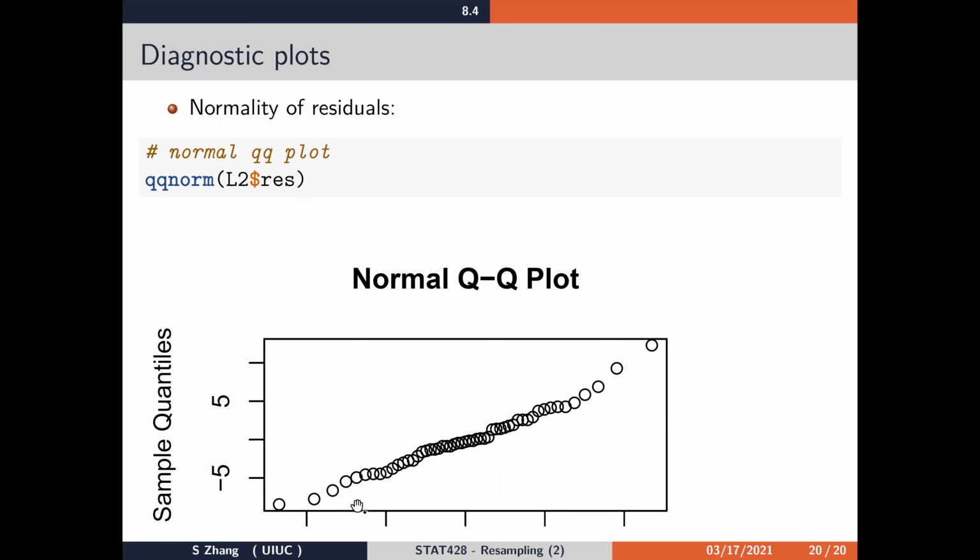We plot the sample quantiles versus the normal theoretical quantiles. It appears that the points are very close to a straight line, so we can say that the normality assumption is not particularly violated.